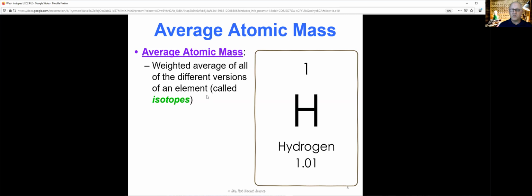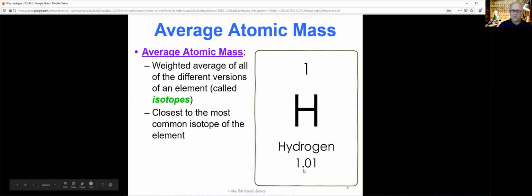You'll also sometimes see it called the AMU, average mass unit. Now, the average atomic mass is closest to the most common isotope of the element. Now, even though this is 1.01, we can call this hydrogen 1.